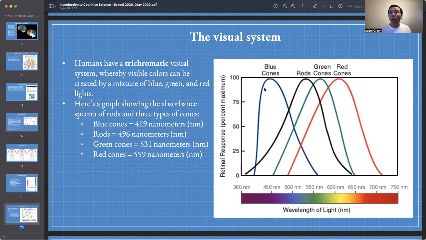Blue cones are maximally responsive at 419 nanometers. Rods are maximally responsive at 496 nanometers. Green cones are maximally responsive at 531 nanometers, and red cones are maximally responsive at 559 nanometers.